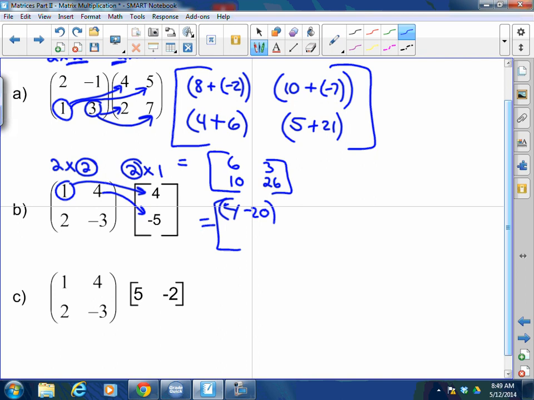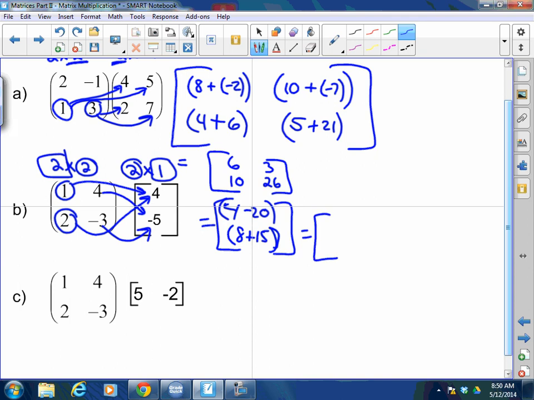And remember, it's important to know that your answer is going to be a 2 by 1. So that means it's going to be 2 rows and just 1 column. So that's my first element of my first row. And then 2 times 4 is 8, plus negative 3 times negative 5 is 15. So my matrix solution is negative 16, 23.